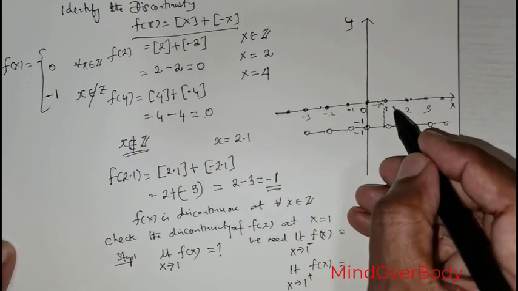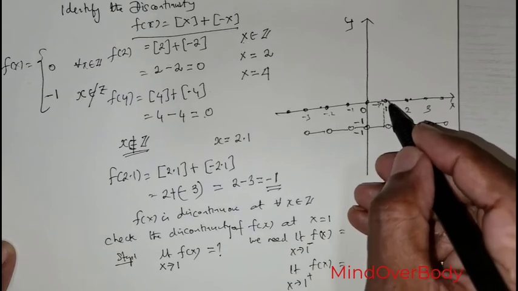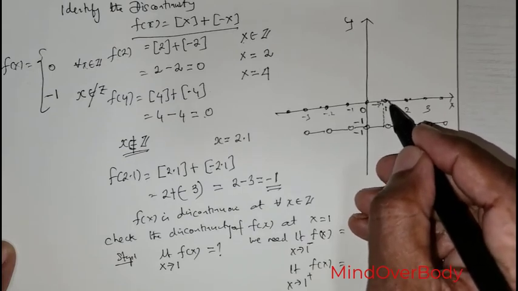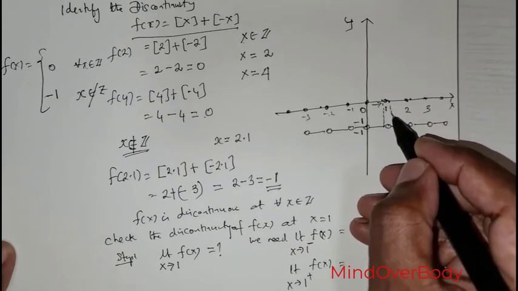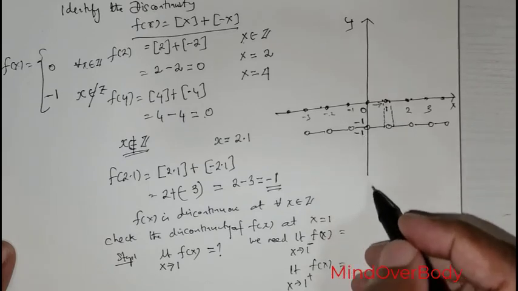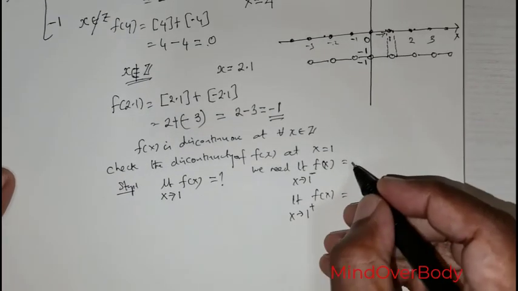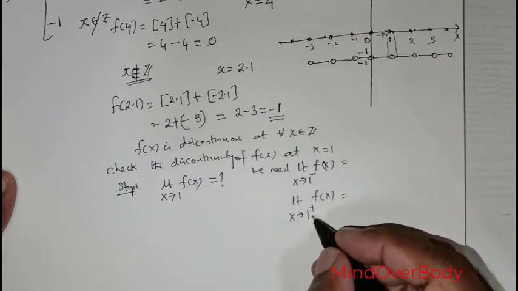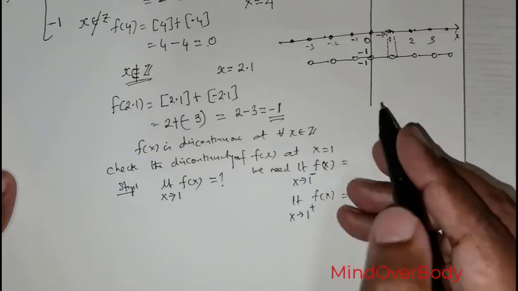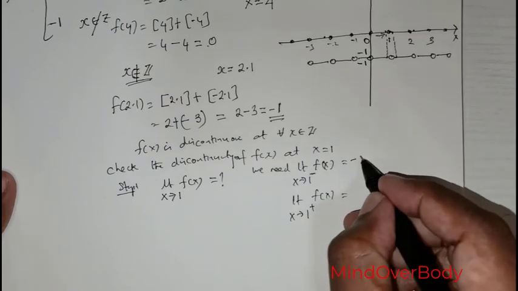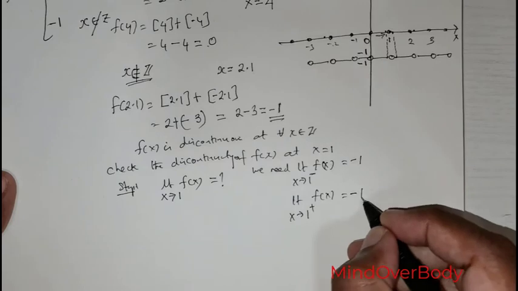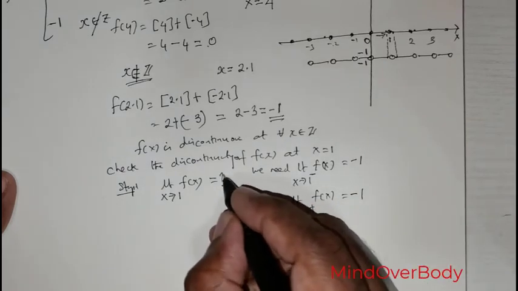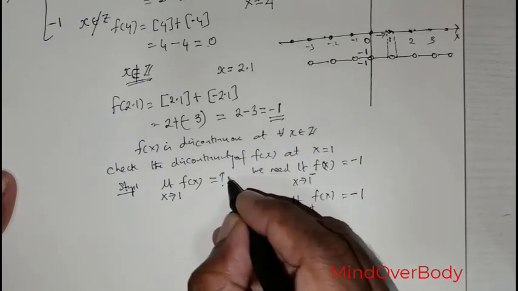Now if you are going to approach 1 from the right hand side and take a point which is very close to 1 and drop that line, it will also meet at the point negative 1. So in either cases, either you move to 1 from the left side or you move to the number 1 from the right side, the outcome is always going to be negative 1, and this is also going to be negative 1.